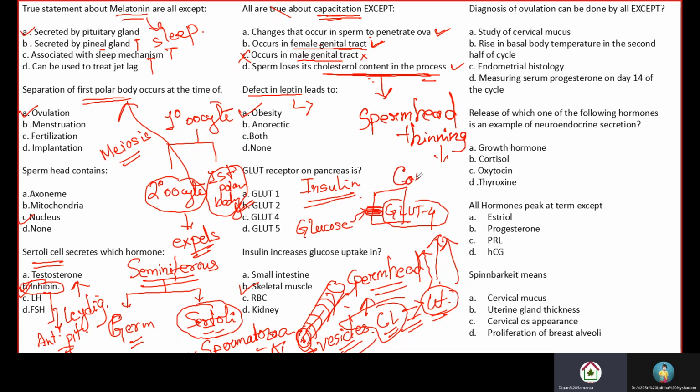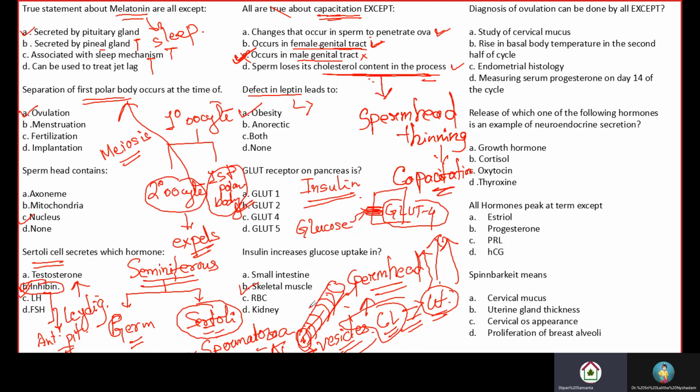That is only called capacitation. Okay, so this is about this question. The answer is all are true about capacitation except that it occurs in the male genital tract. The process of capacitation starts in the female genital tract and not the male genital tract.